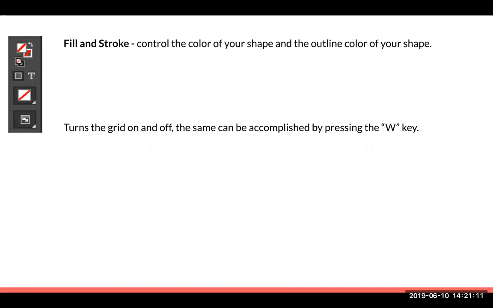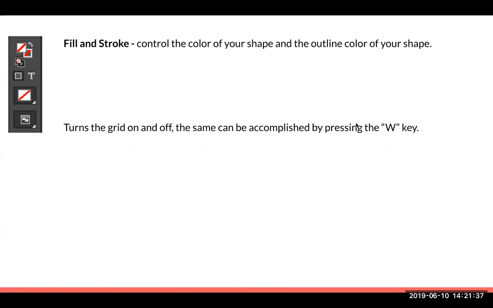It's not all the time that you're going to want your shapes to have a black border. So just be aware that that happens. You can toggle if you hit the arrows and make the black border a fill, or vice versa. And then you can turn off grids by going to this button or just hitting the W key.